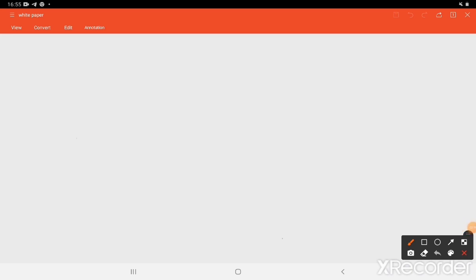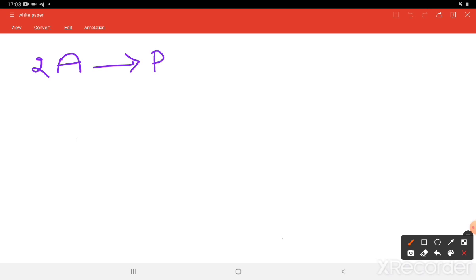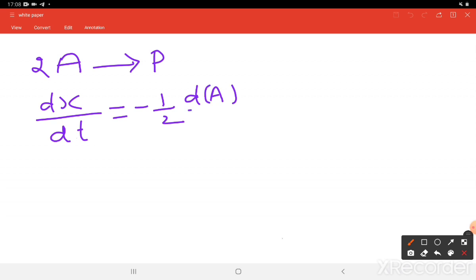Now let us see how to write rate of reaction for some reactions. Suppose 2A gives rise to products, dx by dt is equal to minus 1 by 2, because there are 2 moles, d of A concentration by dt.